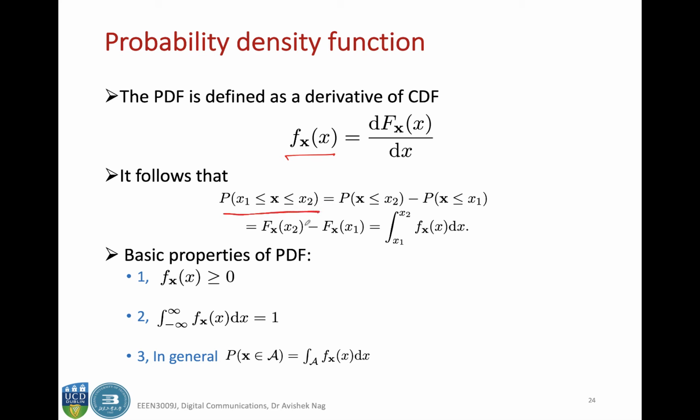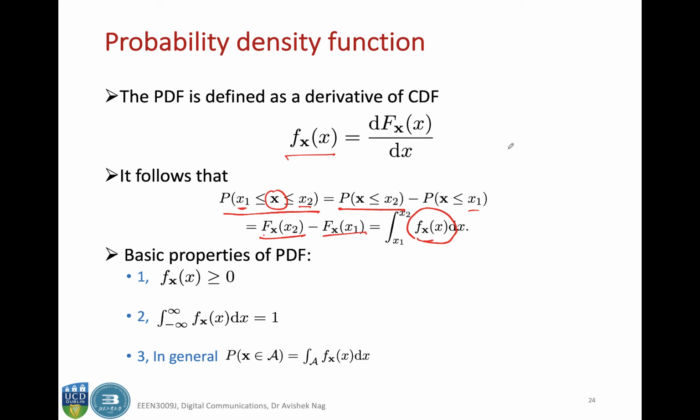Basically the probability of the random variable x between two values small x1 and small x2 is written as probability of x less than x2 minus probability of x less than x1, and this is equal to the difference between the two CDFs, Fx of x2 minus Fx of x1, and this is the integral of the PDF between x1 and x2.